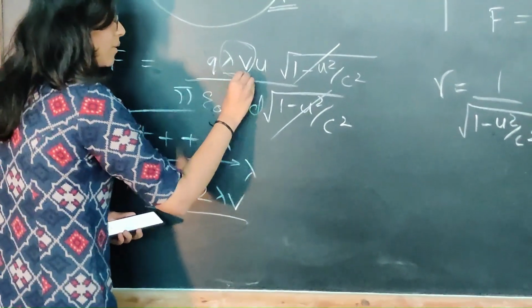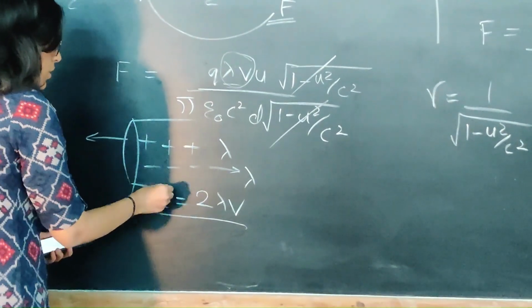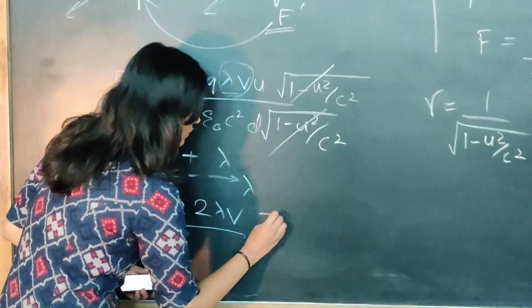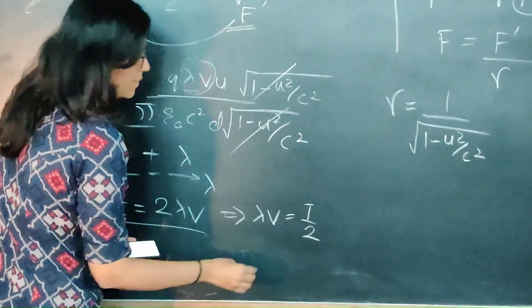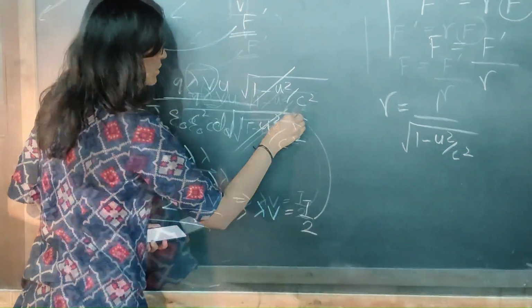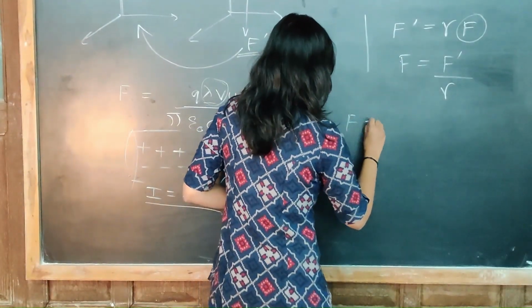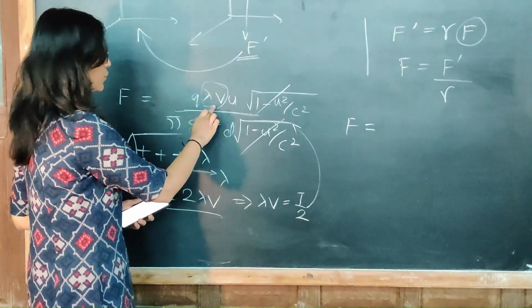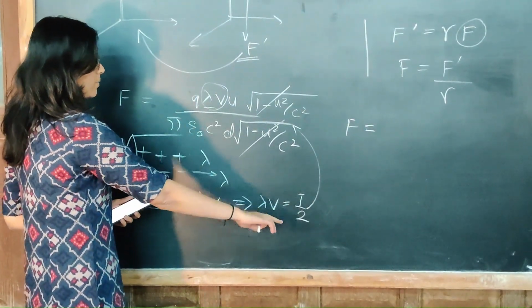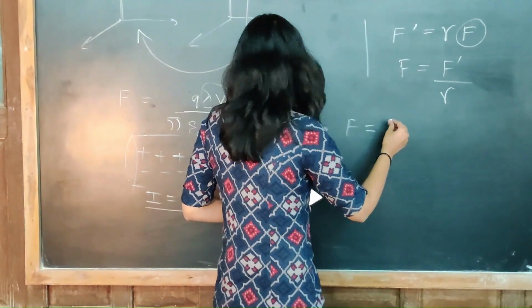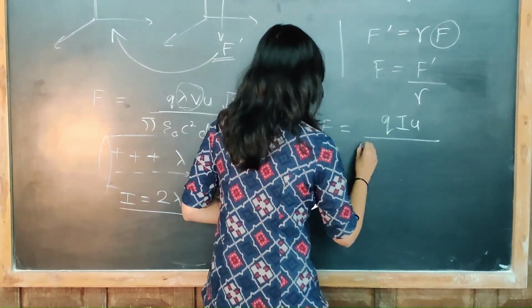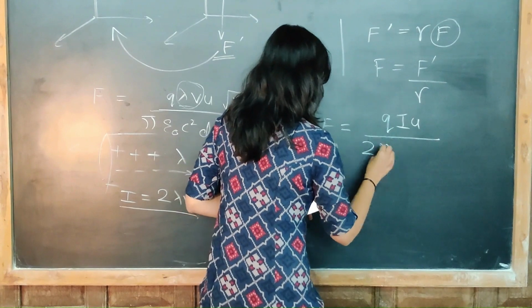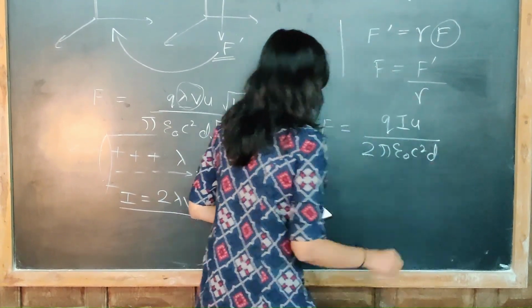Here we have lambda times v, so I want to substitute this I. Simply, we get lambda times v is I by 2. I am substituting this in this force again. So here I get F is equal to, instead of lambda v, I am plugging in I by 2, so q I u by 2, and we still have pi epsilon naught c square d.